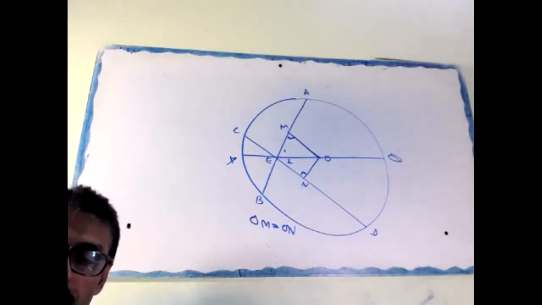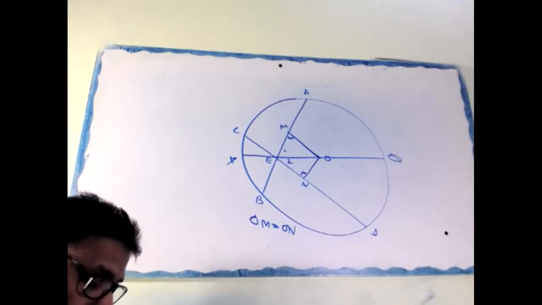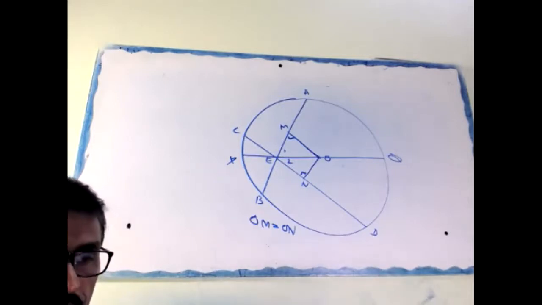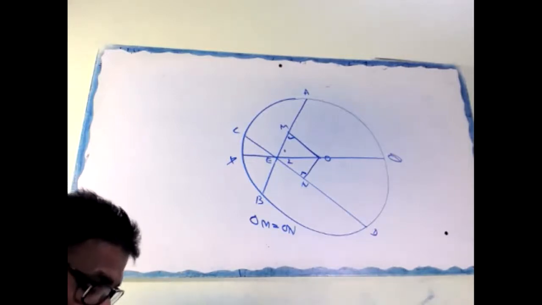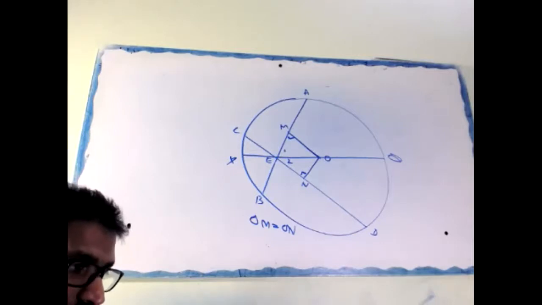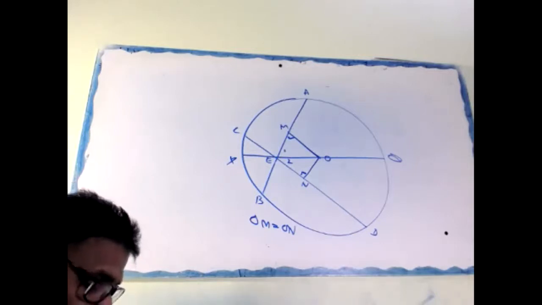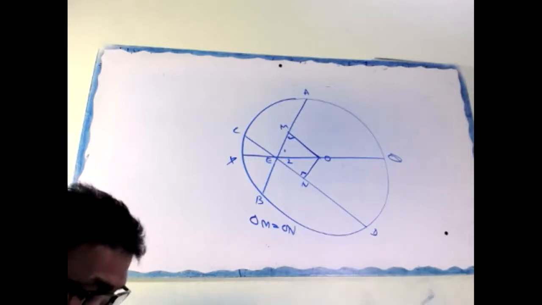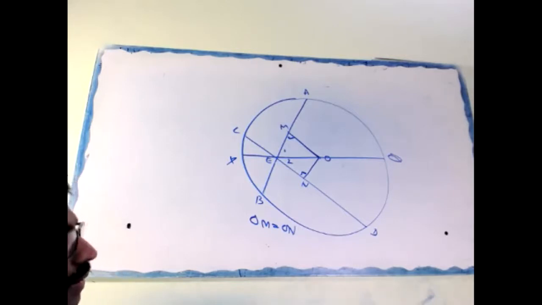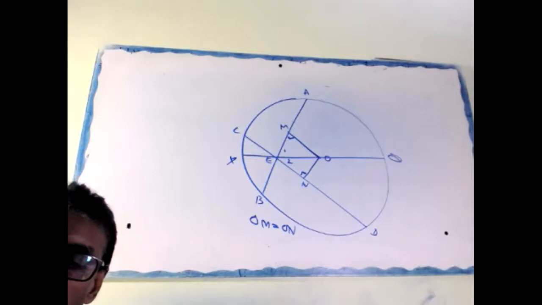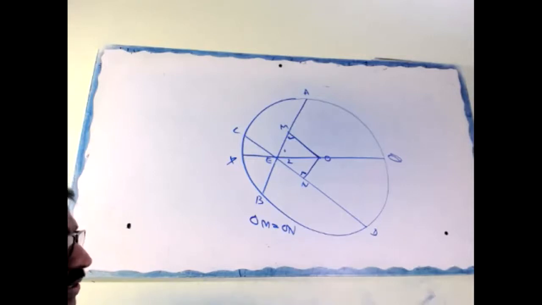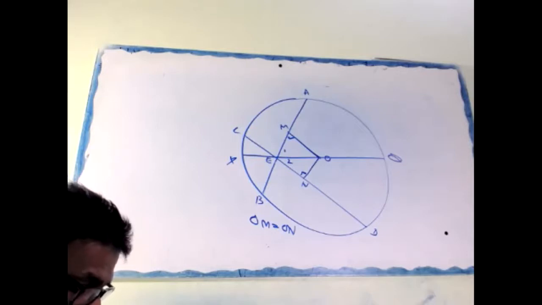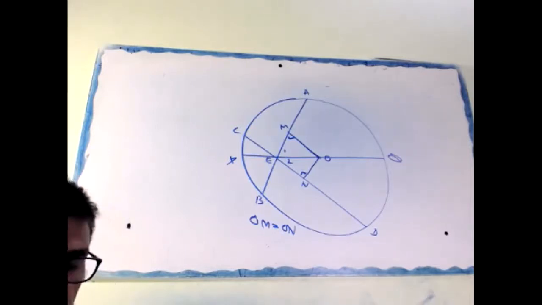Hello, right. Given: AB and CD are two chords of a circle with center O intersecting at a point E. PQ is a diameter passing through E such that angle 1 equal to angle 2.